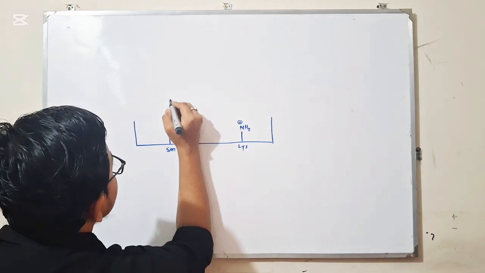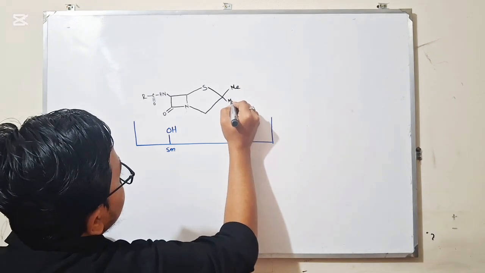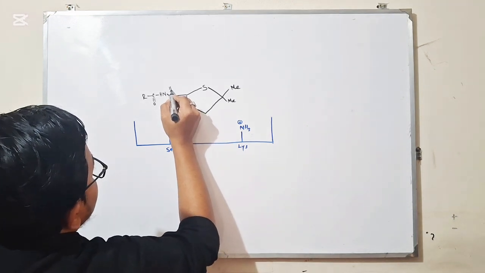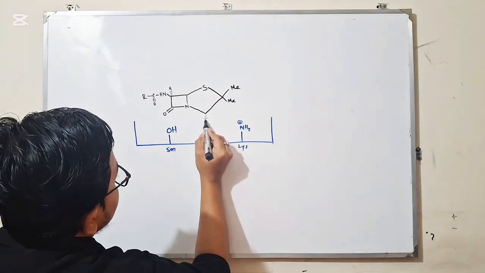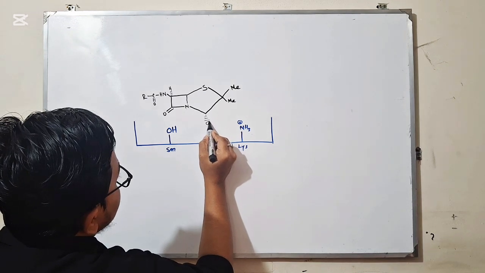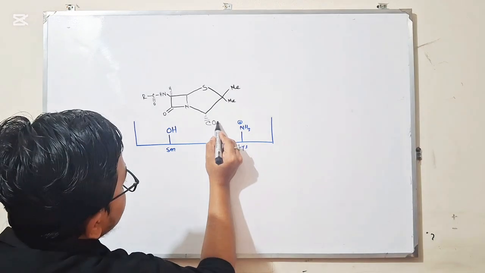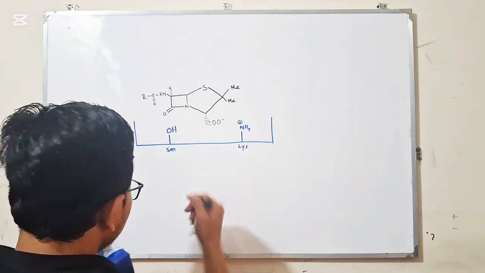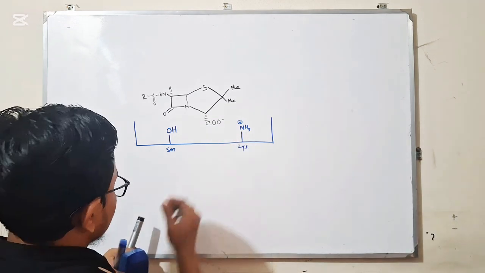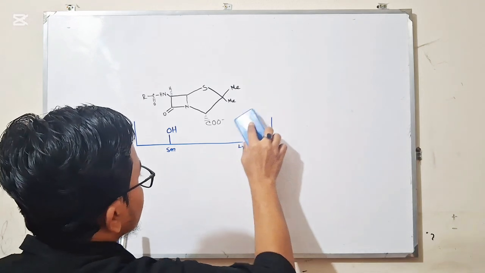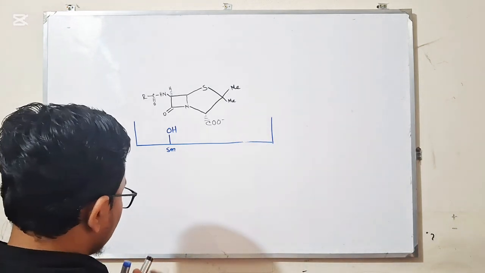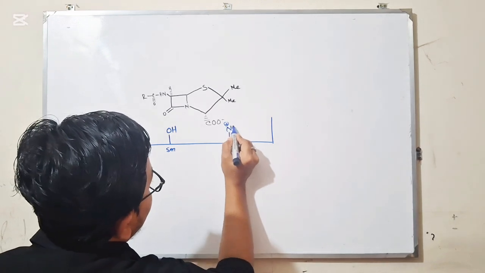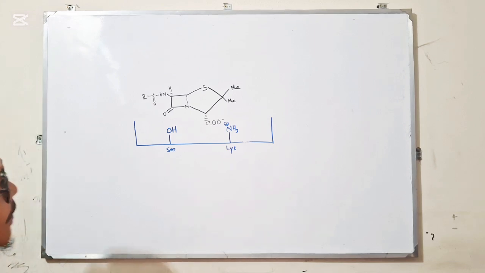Okay, let's draw penicillin. 2-methyl group is present here, and there will be hydrogen, and there will be CO O bond. Okay, let's draw this lysine part here. Let's shift it here, then it will be understood. Okay, well done.